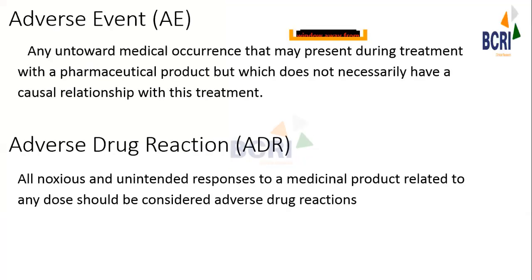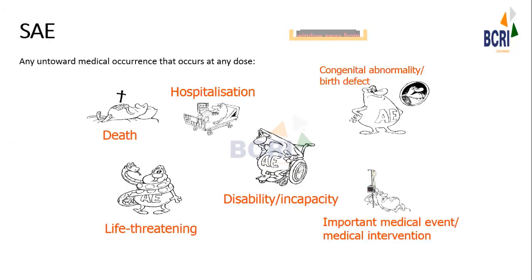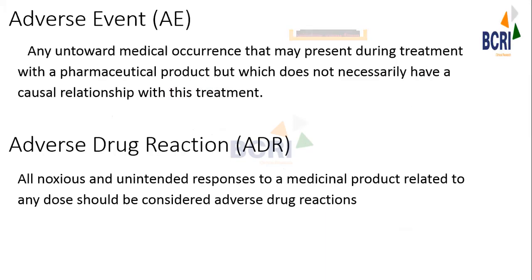Okay, and I was telling you, right, there are three terminologies about which we generally talk. One is adverse event, one is adverse drug reaction, and one is SAE. Adverse event is basically any untoward medical occurrence.